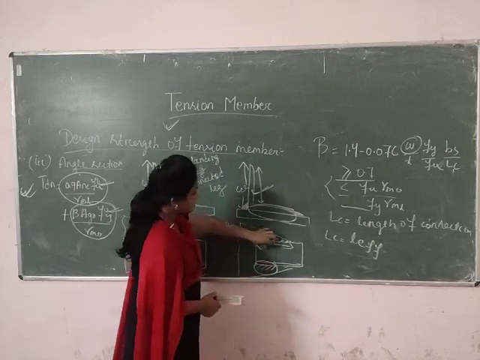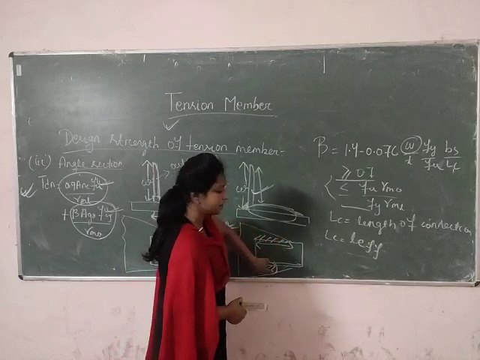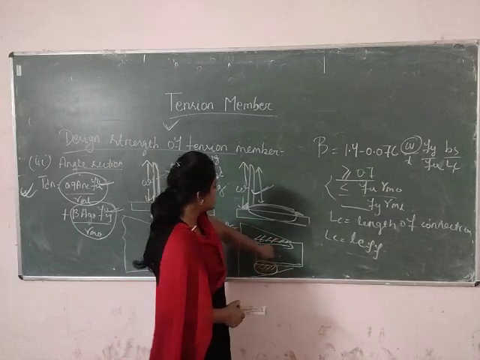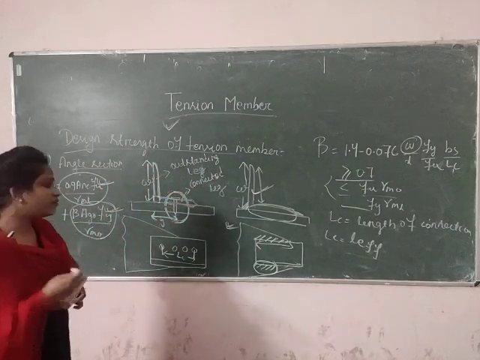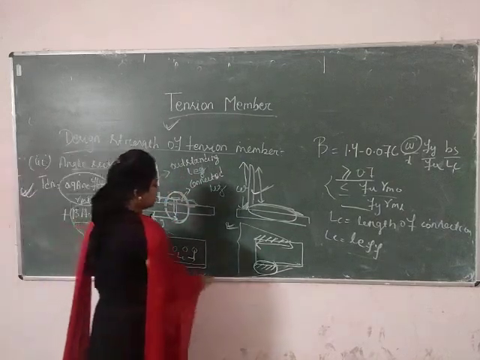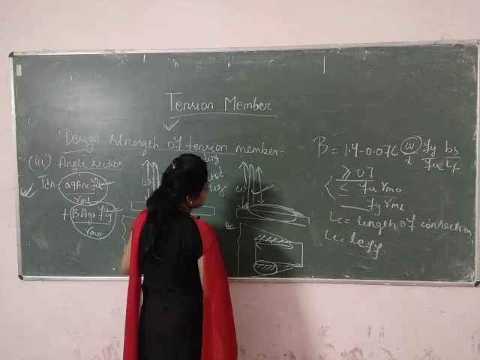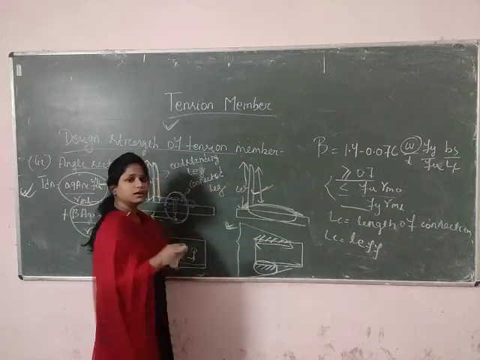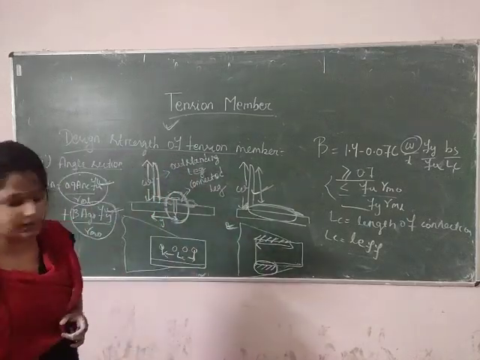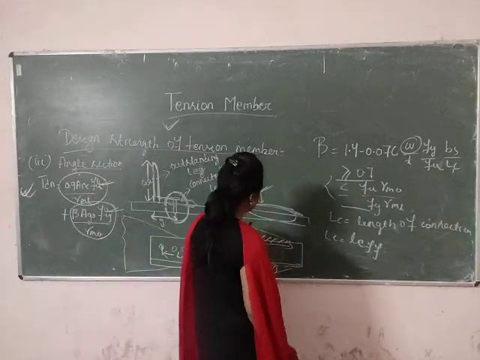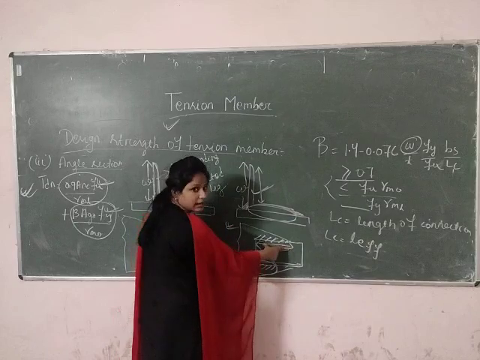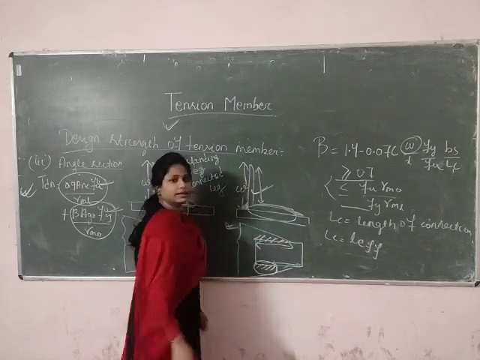Obviously this length of weld is more than this length. In this case, which length will we take as the length of connection? Always remember that in this type of condition, always take the longer length in the direction of the load as the length of the connection. So here we will take this longer length as the length of connection.